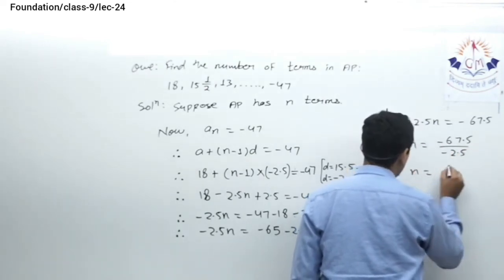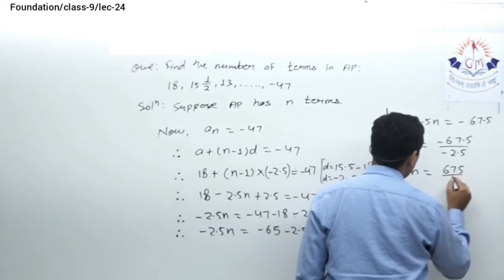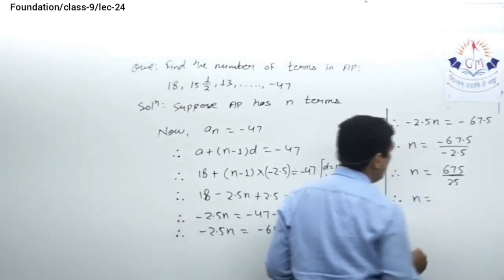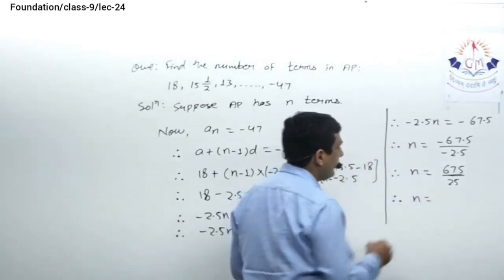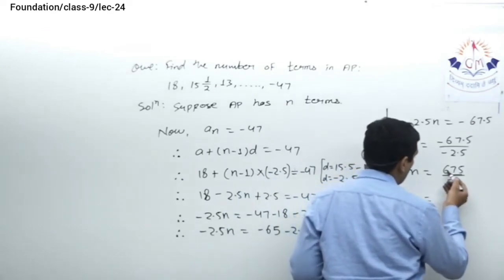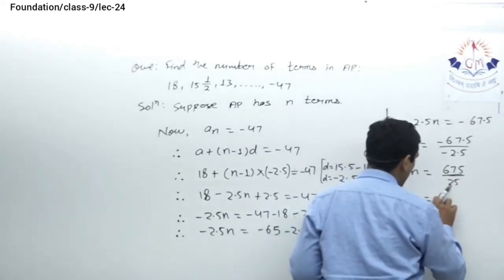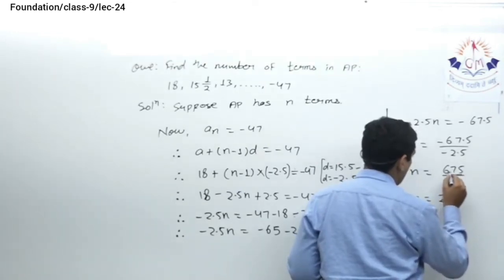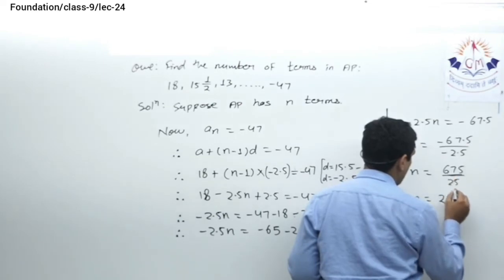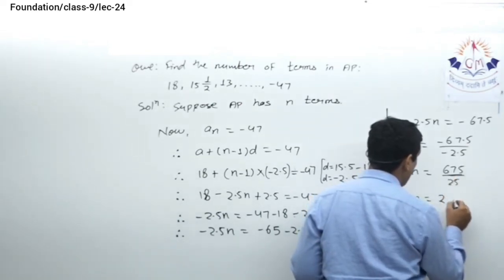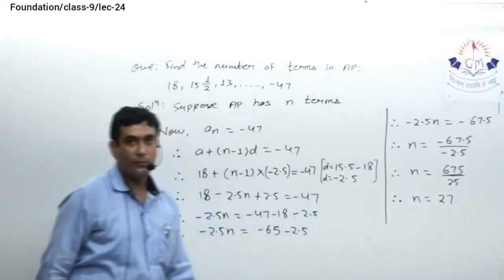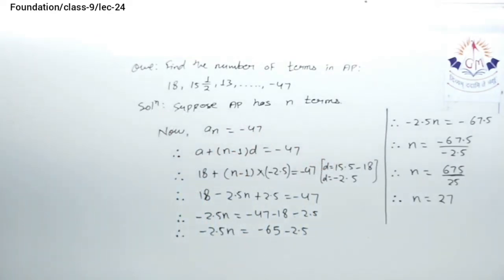Now N is equal to 675 upon 25. We can divide it directly by 25. 25 twos are 50, then 25 sevens are 175. So N equals 27. Please note it down, then we'll see the next question.